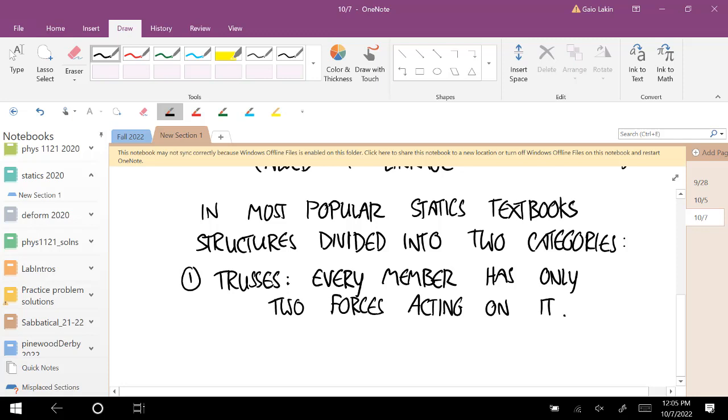This requirement is a mathematical simplification that does cut down the number of equations a lot, but it means that you can't ever treat members with weight, which is a pretty big drawback. So the members can't have weight.